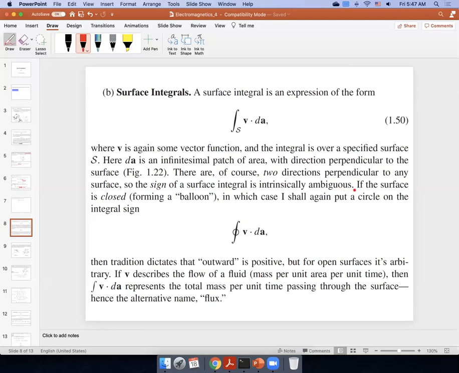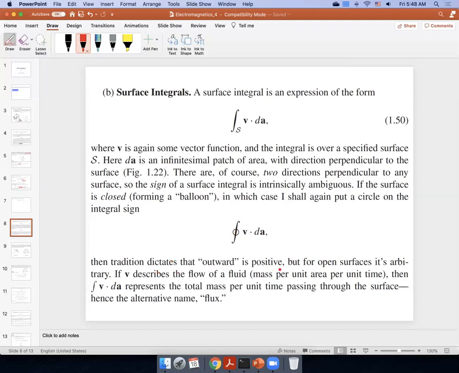So usually we have to define which direction is positive in examples. And if the surface is closed, then we can use a circle on the integral sign. The tradition indicates that outward is positive.